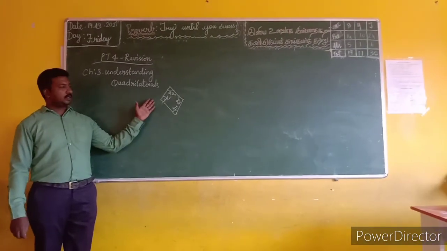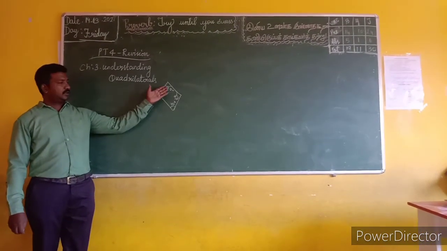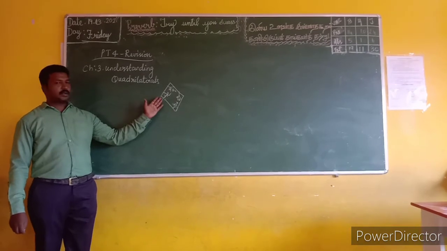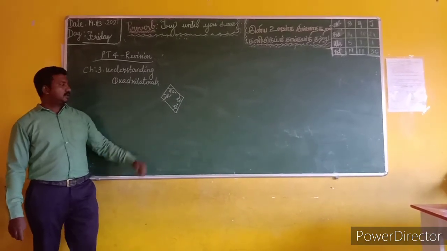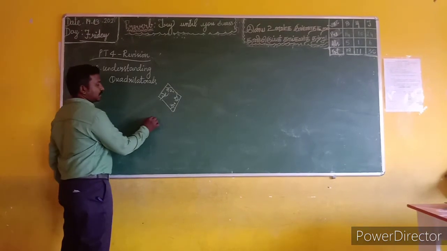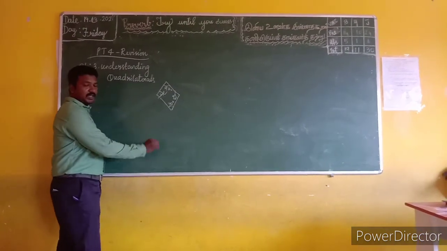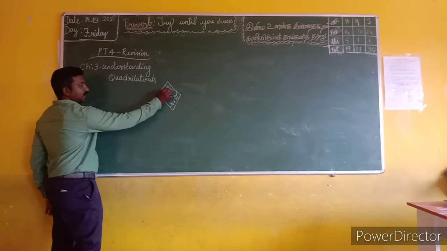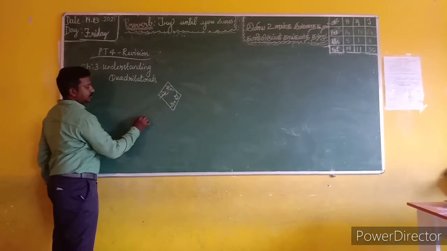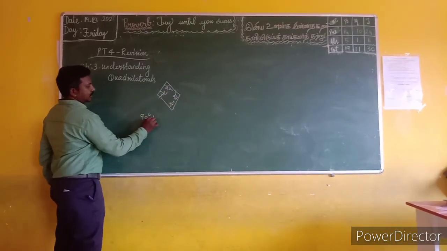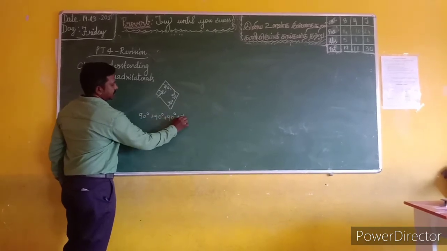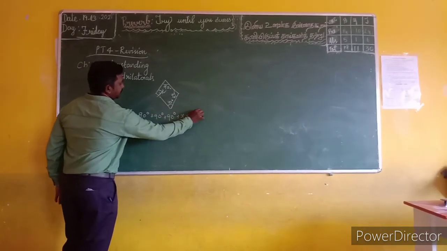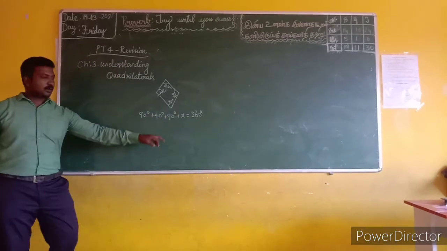For example, in this quadrilateral they have given three angles. One angle is x that we have to find out. So we have to add all the angles. The sum of the angles of the quadrilateral is 360 degrees. So we have to add all the four: 90 plus 90 plus 90 plus x is equal to 360 degrees. Which one are we going to find now? x.